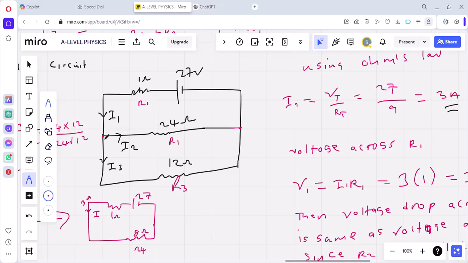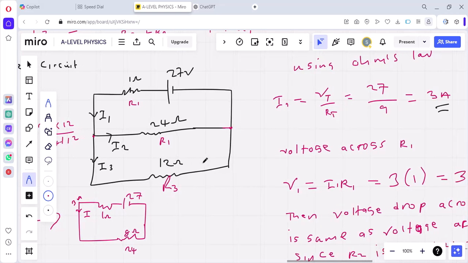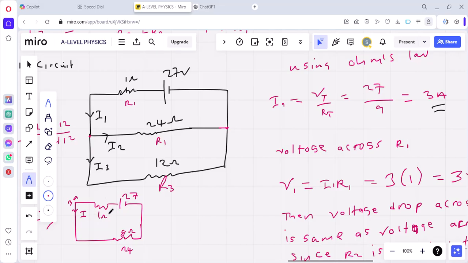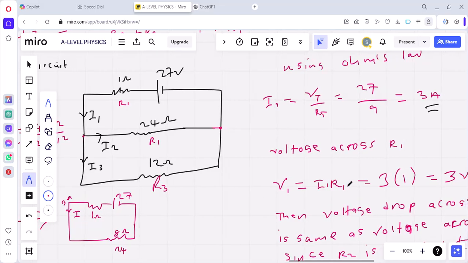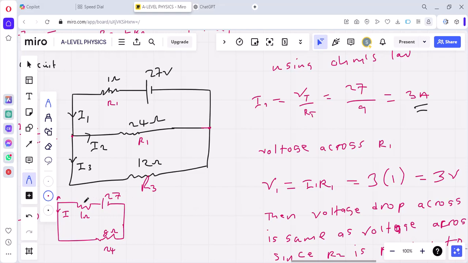And it is the same current that is dividing here. So the voltage across this 1 ohm resistor will be the current times that resistor, which will give us 3 volts. And that is the 3 volts which I wrote here.